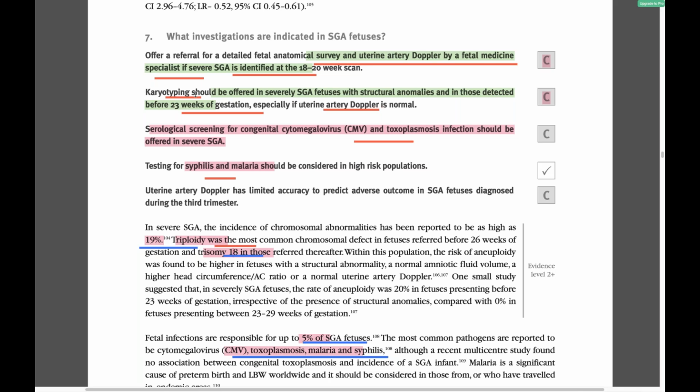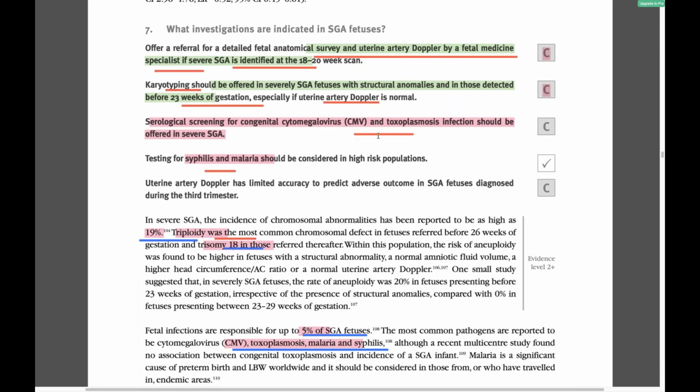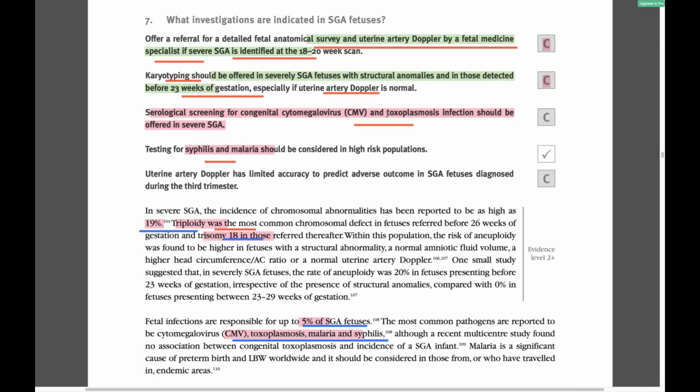From this line you will find many questions. Now you will screen for some infections. What infections will you screen for if you find SGA babies? Cytomegalovirus and toxoplasmosis. You will find questions from this line also.